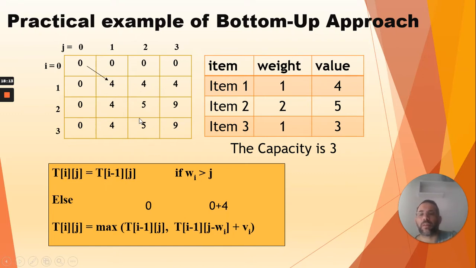For example, in this cell, this cell represents the optimal solution of the sub-problem for capacity 2, when using the first, second and third items.